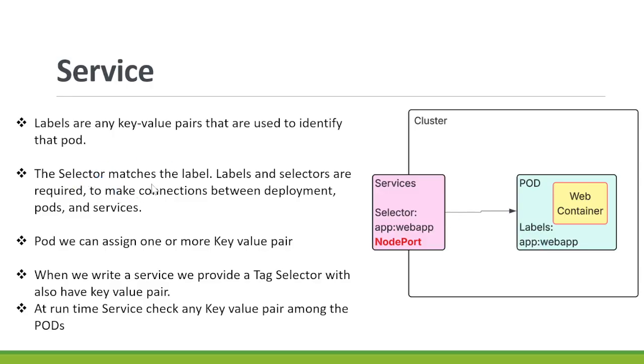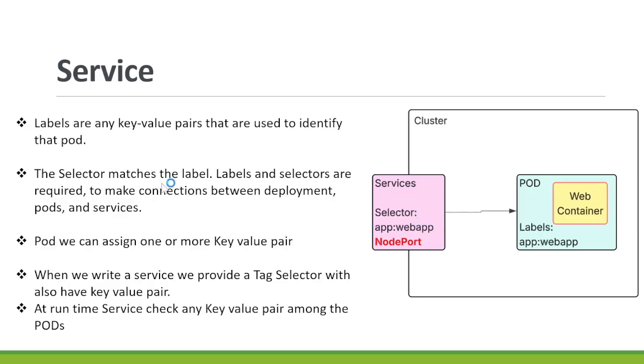The selector matches the labels. If I created a pod with some label key-values, how will my service know which pod it is assigned to connect to?